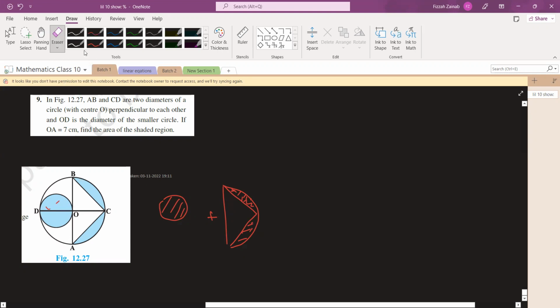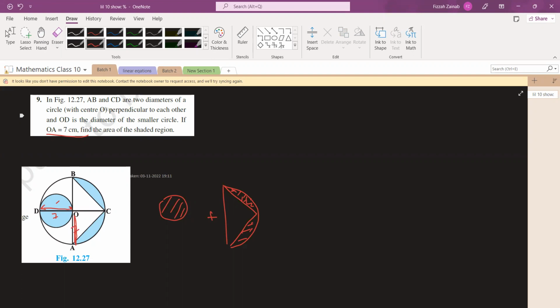See here, in the question OA is 7, right? That means this side is 7. And OA is the radius of the larger circle, isn't it? So if this is 7, this complete OD is also 7, because this is also the radius of the larger circle.